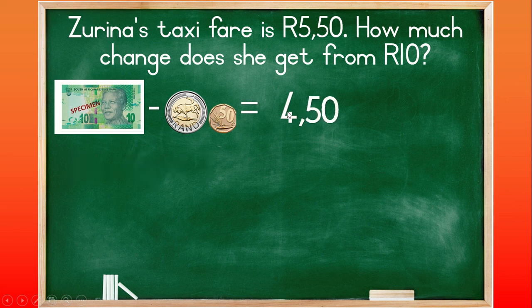So therefore we say 4 and we put a small comma 50. 4, comma 50. Then we need to put in our value. So when we work with money, we have to put in our capital R because it's 4 Rand and 50 cents. So if she pays with 10 Rand and it costs 5 Rand 50, she will get 4 Rand 50 change.